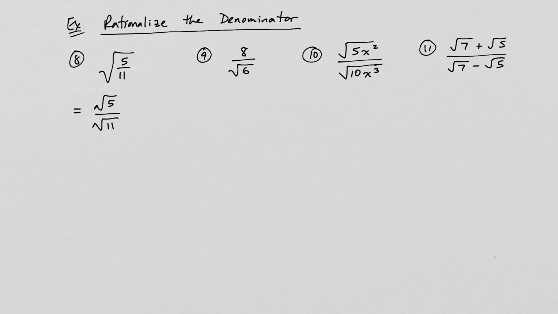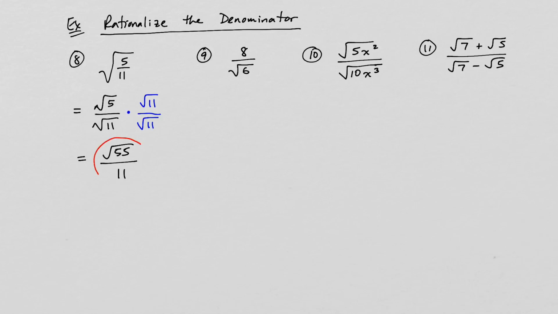So in this case, we have to employ a little trick here. We have to multiply the top and bottom of this radical by radical 11. And the idea when you do that is that in the numerator, radical 5 times radical 11 is radical 55. And then in the denominator, radical 11 times radical 11 is 11.